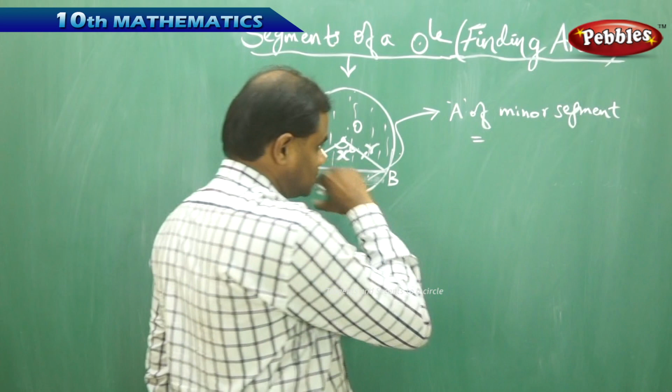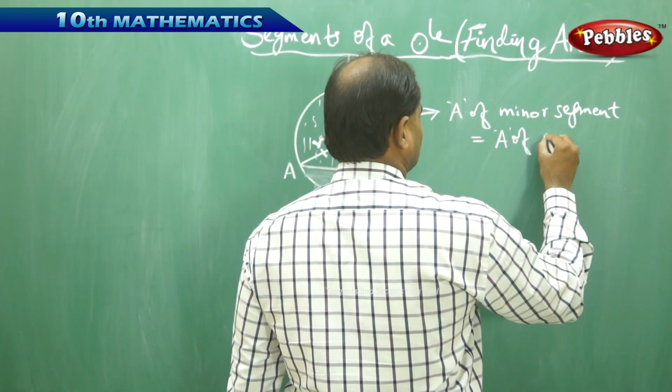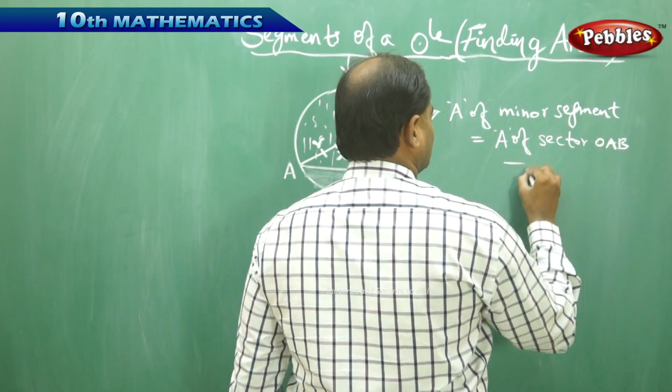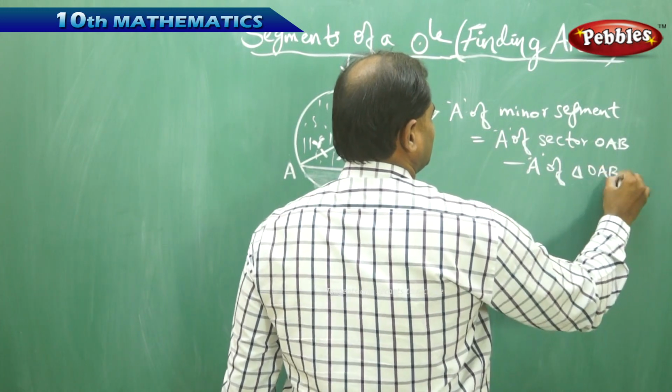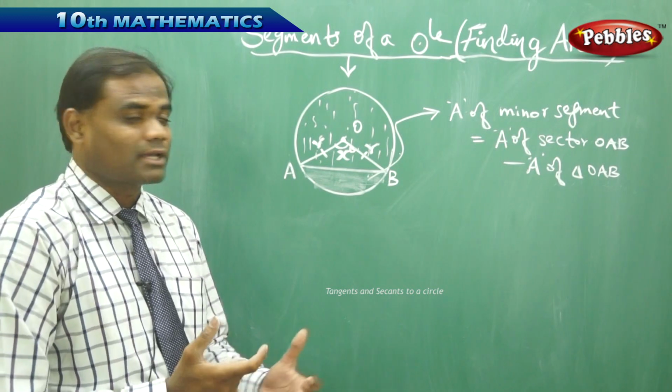So the area of the minor segment is the area of sector OAB minus the area of triangle OAB.